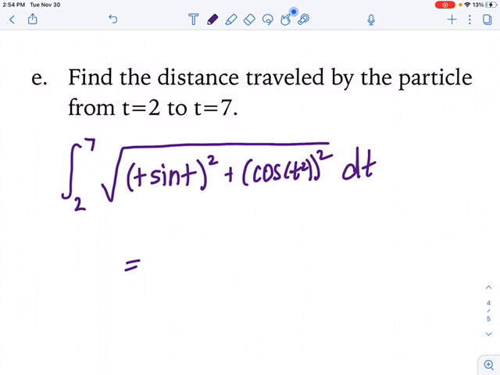Okay, so go ahead and put that into your calculator. You should get 13.229.